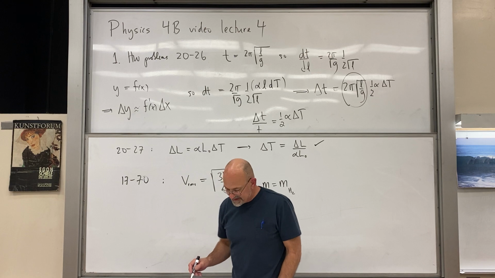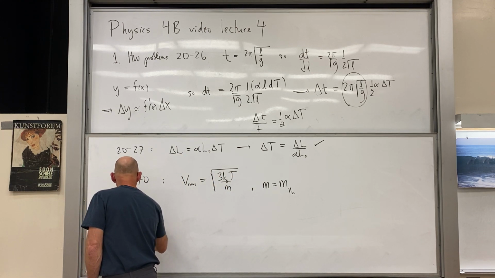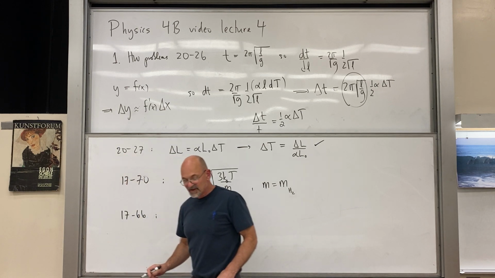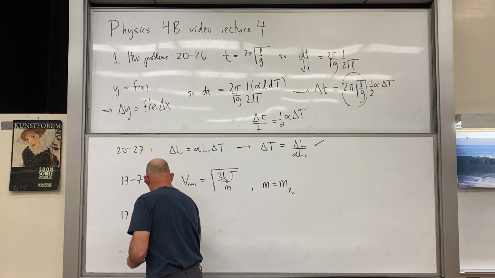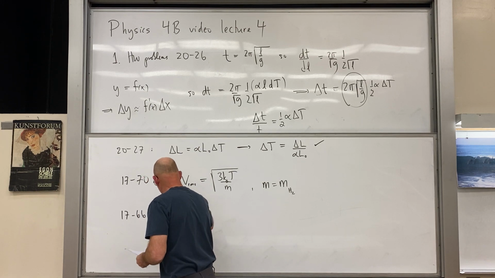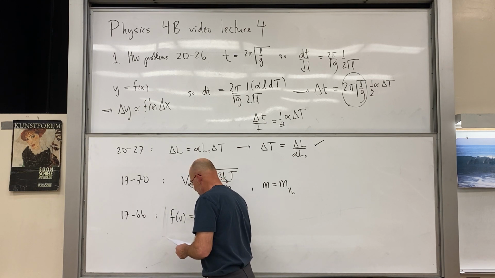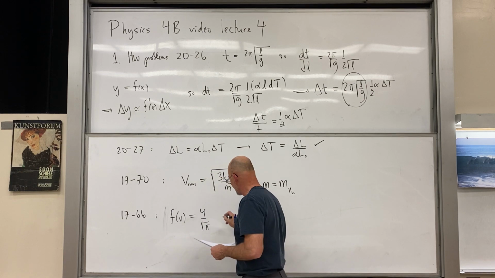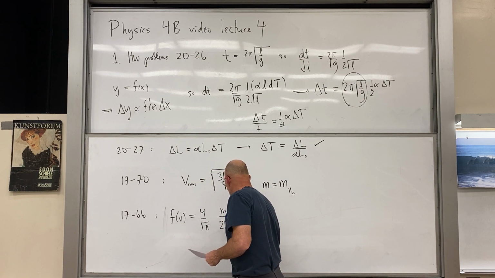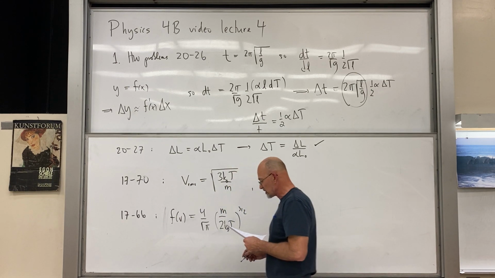So for 66, you have that distribution of speeds. Let's go ahead and write it out. F of V, the distribution function of the speeds. We have 4 over root pi, M over 2 K Boltzmann temperature to the 3/2 power.